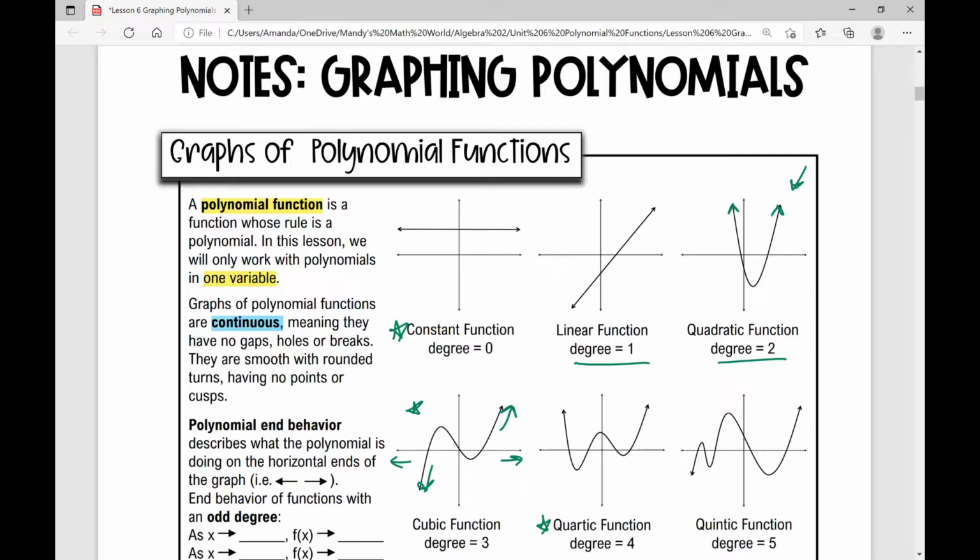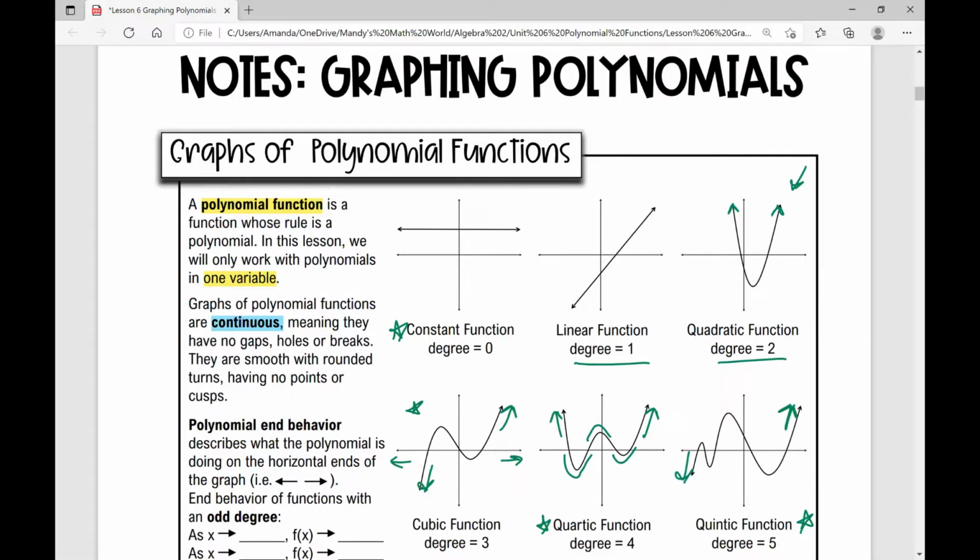A quartic function like this again resembles the quadratic function in that it ends in the same direction. Both are up or both are facing down, but you've got a different number of turning points on the inside. Then you have a quintic function, a fifth degree function, and again, it's similar to a cubic function because on the ends, it ends in different directions.